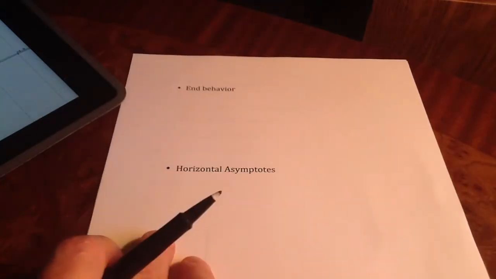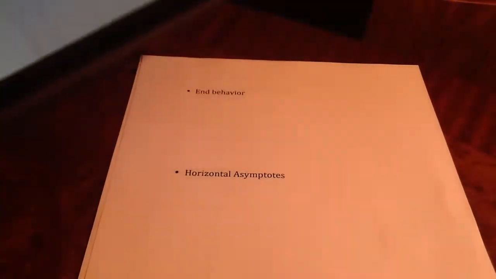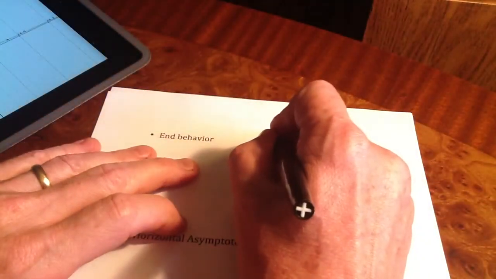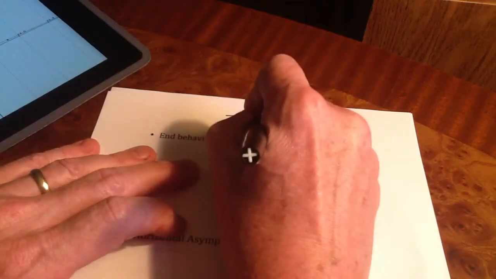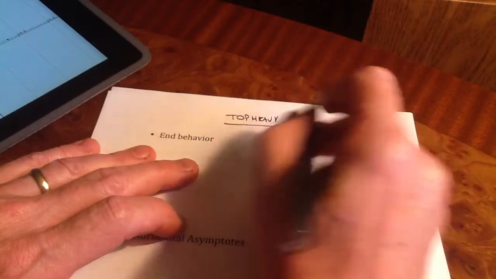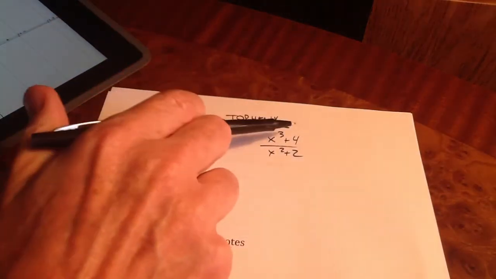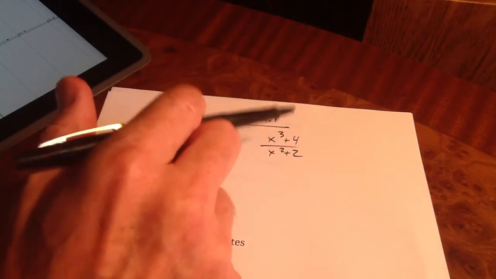Good. All right then, end behavior. Obviously we have end behavior going off to the right and going off to the left. What we're really talking about is there are three things here. We can have a case in which we have a function that we call top-heavy, where the power on the top exceeds the power on the bottom.